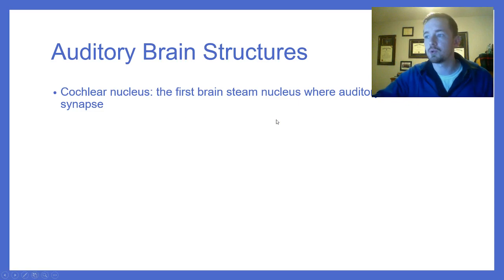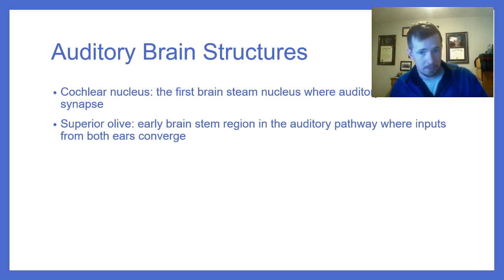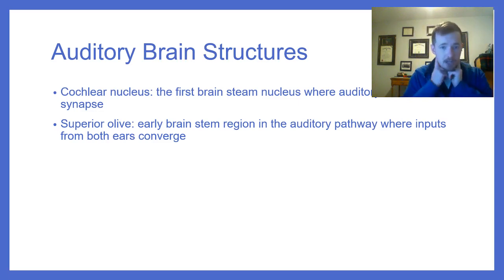It's going to move up to what's called the superior olive. The superior olive is where information from both of our ears combines. We'll talk more about this next chapter, but say you hear a sound coming from your left. That sound is going to hit one ear first, and then it's going to hit the other ear.